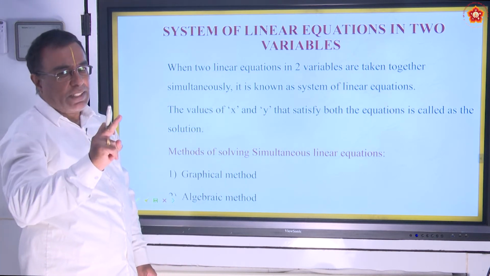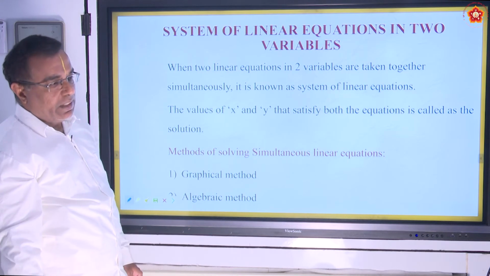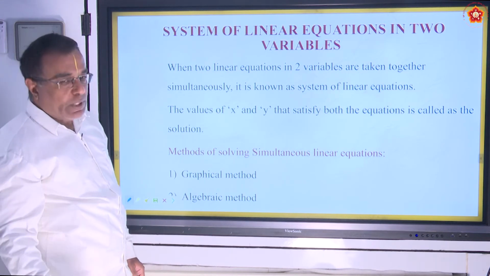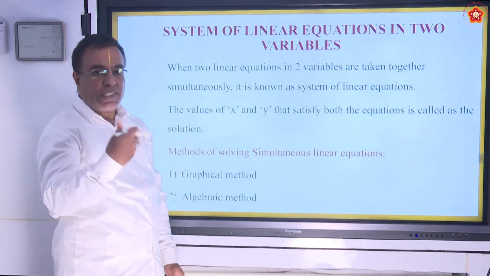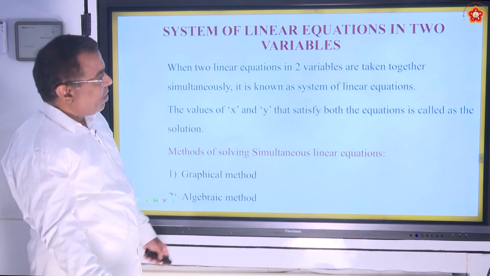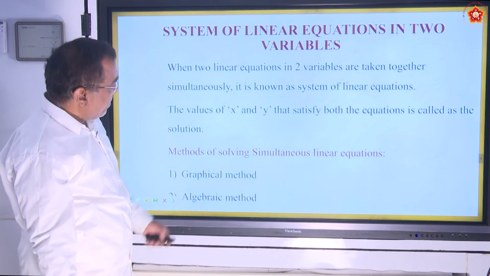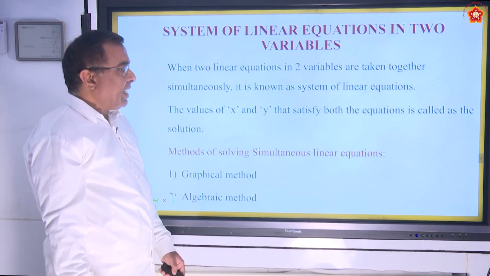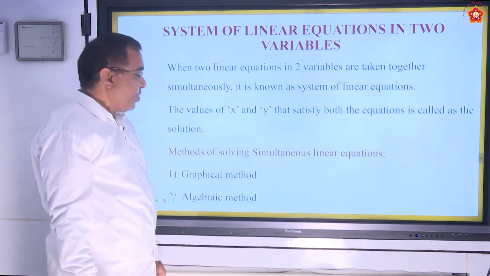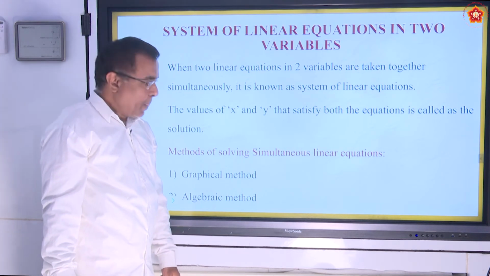If only one equation, we just call it a linear equation. If two or more linear equations are taken together simultaneously at a time, then we call it a system of linear equations. And the values of x and y that satisfy both these equations are called the solutions.